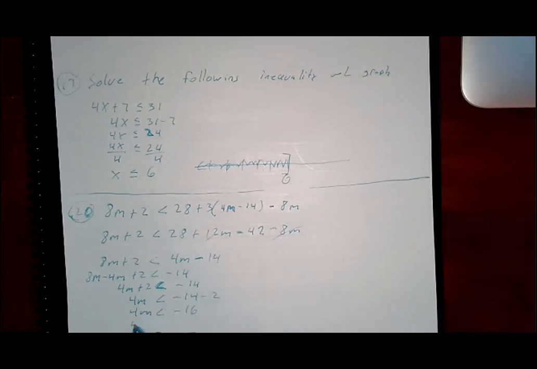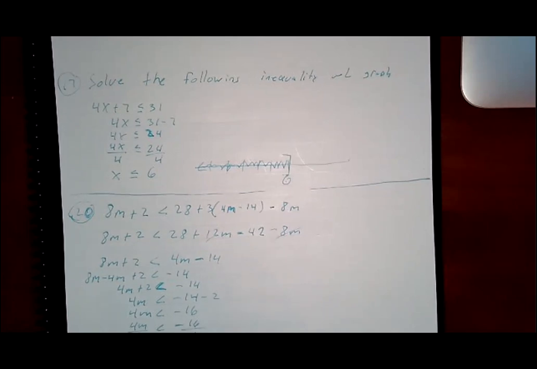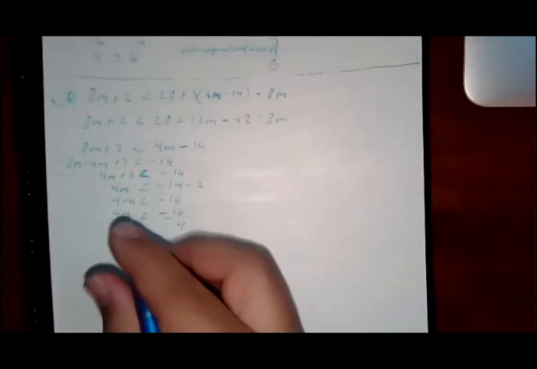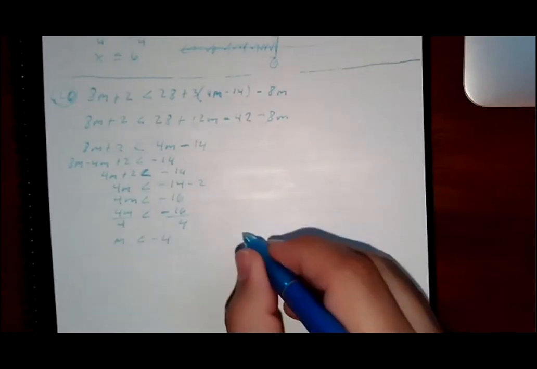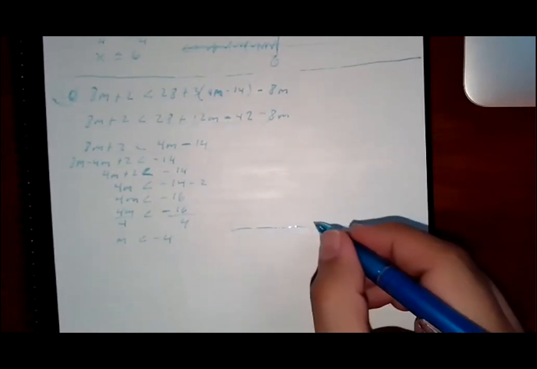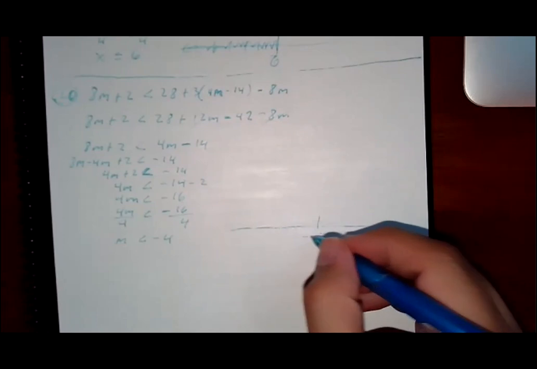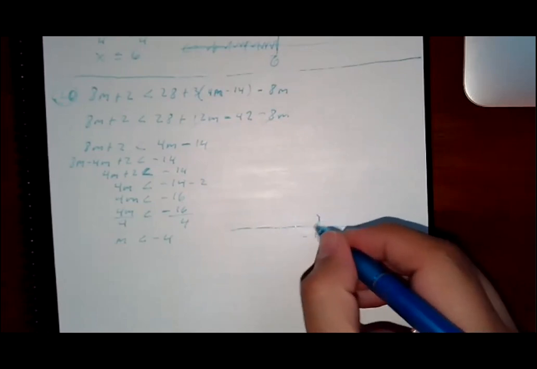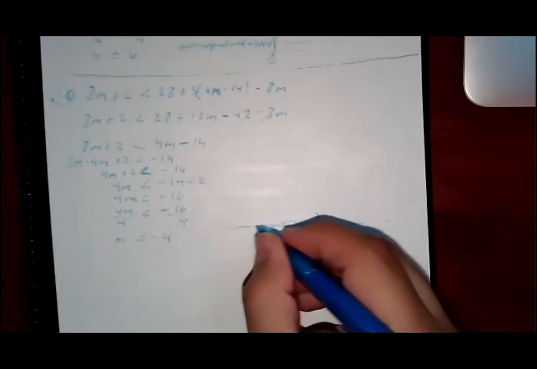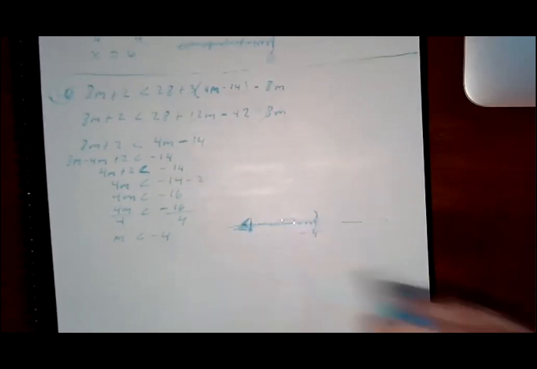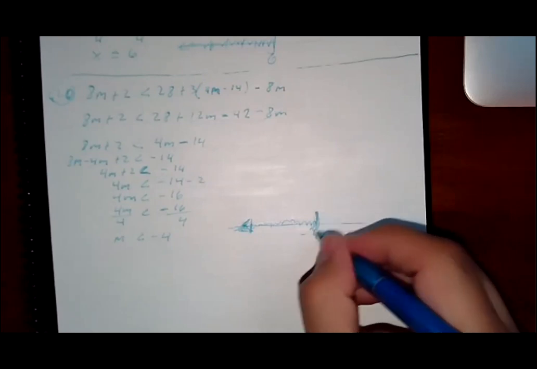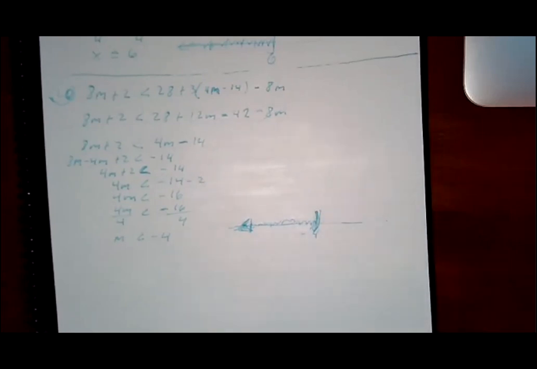And then divide by 4, and we're done. It's not -4, so we don't have to worry about that switching. So finally, m is less than -4. So graphing that guy, here's -4, parentheses this way, forever. It's not a big guy, but anyway.